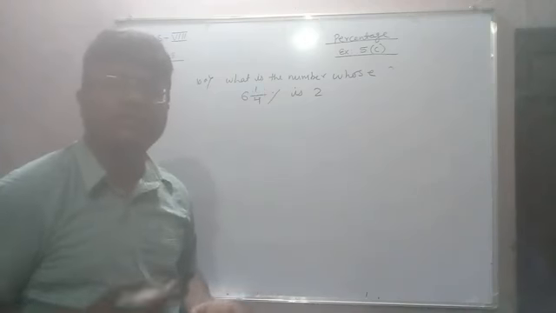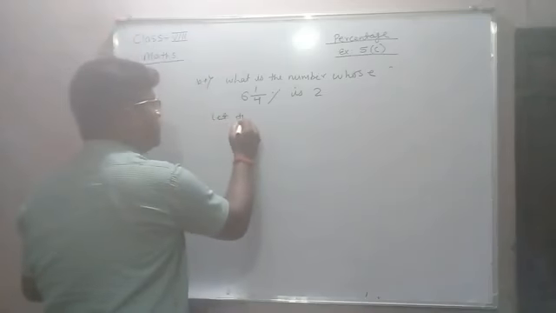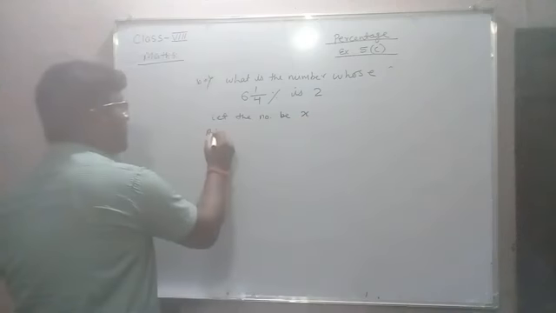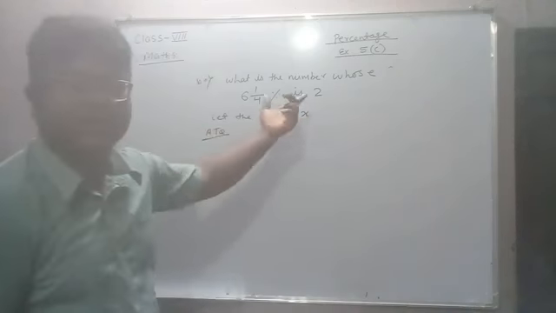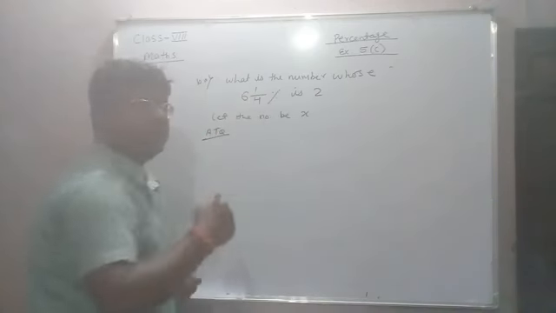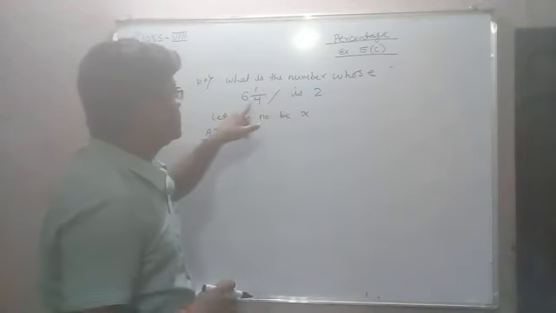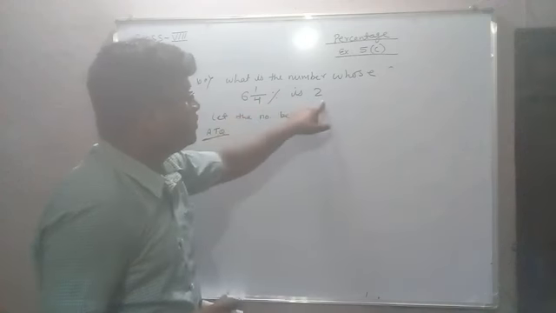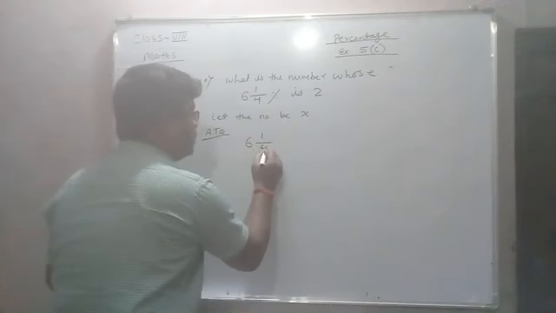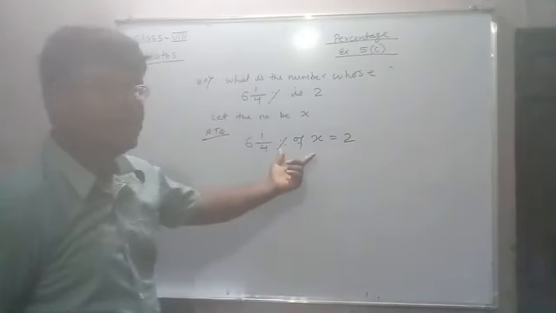We don't know that number, so we will suppose that number. Let the number be x. According to the question, 6 whole 1/4% of that number must be equal to 2. So I have taken that number as x, and 6 whole 1/4% of x is equal to 2. Mathematically we can write this.